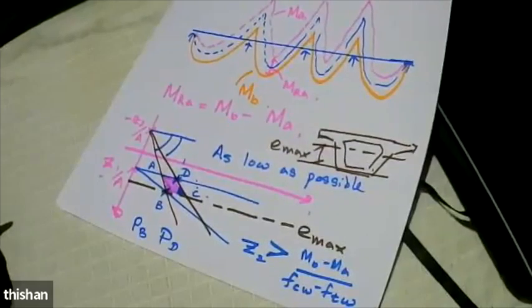Right. So with all this knowledge, armed with all this knowledge, now we'll see whether we can design a cable profile for a continuous beam by using Magnel diagrams. And when we do that, what is going to happen?